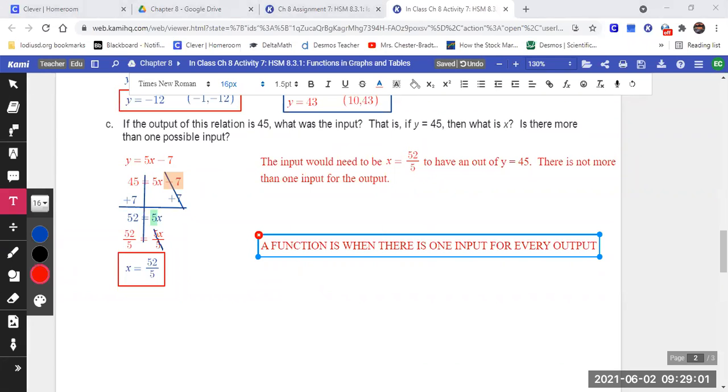Okay, that is the definition of a function. When there is a one-to-one relationship of one input to one output.